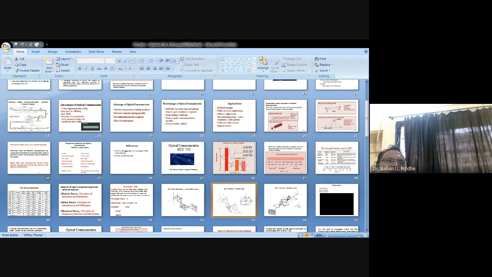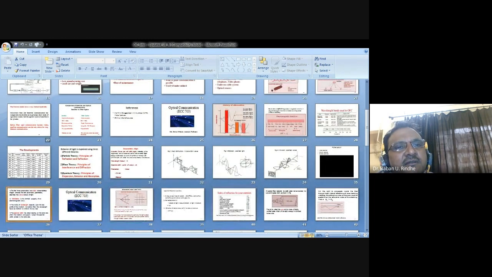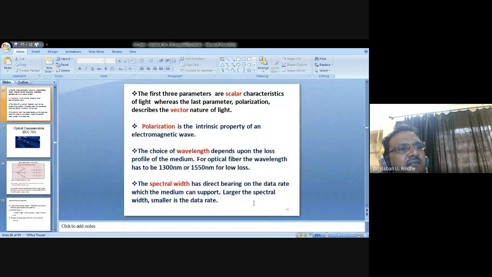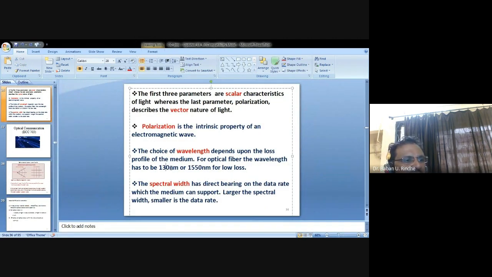The choice of wavelength depends upon the loss profile of the medium.